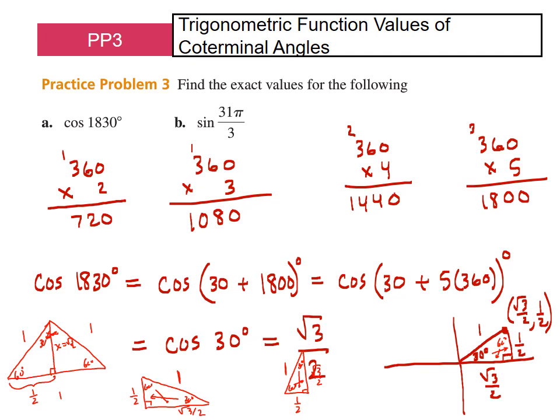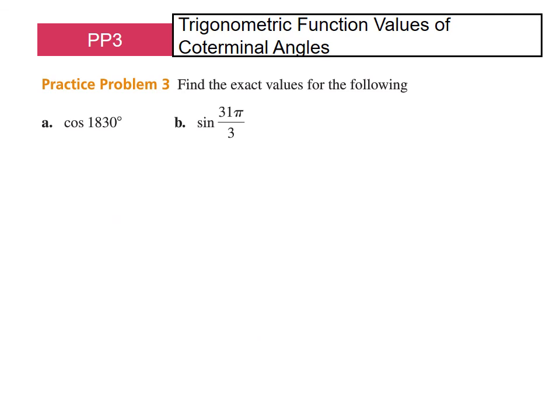And then do we really need to divide by 1 later on? I don't think so. So it just stays as is. If you're on the unit circle, we really don't need the r value at all. Okay, the tough part here, sine of 31 pi over 3.